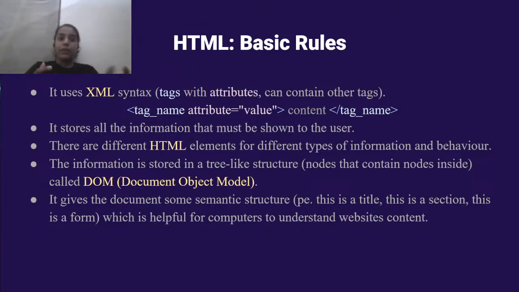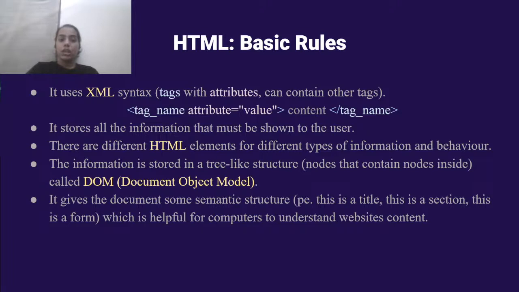So for example, the syntax can be tag name, attribute equals value, then we close the tag, and we can have some content, and then again we need to close the tag. It stores all information that must be shown to the user. There are different HTML elements for different types of information and behavior.